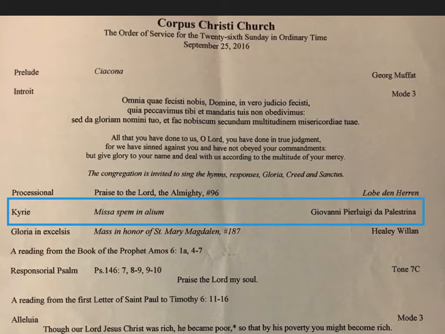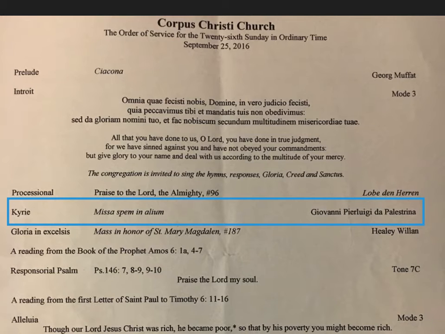You would say that is from Healey Willan's composition, Mass in Honor of St. Mary Magdalene. And on this line in the Gloria, you'll notice it has number 187. That refers to a hymnal at that particular church. If you wanted to participate and look at the music, you would turn to number 187, and you would see the music for Mass in Honor of St. Mary Magdalene.